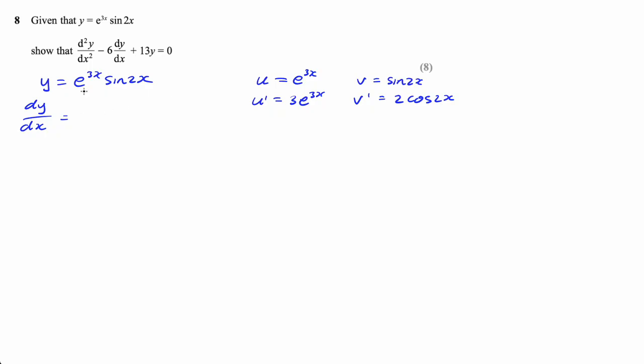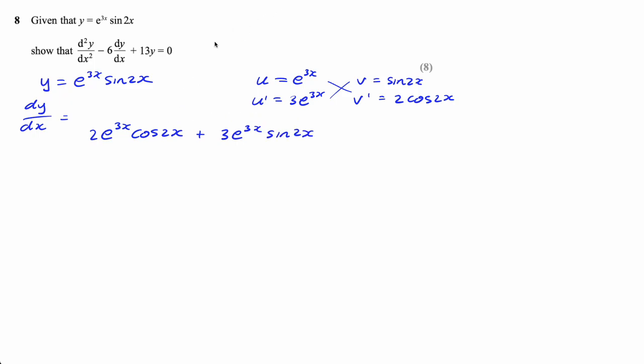So dy dx is u times dv dx, so this times this plus this times this. This times this is 2e to the 3x cos 2x, plus this times this, which would be 3e to the 3x times sine 2x.